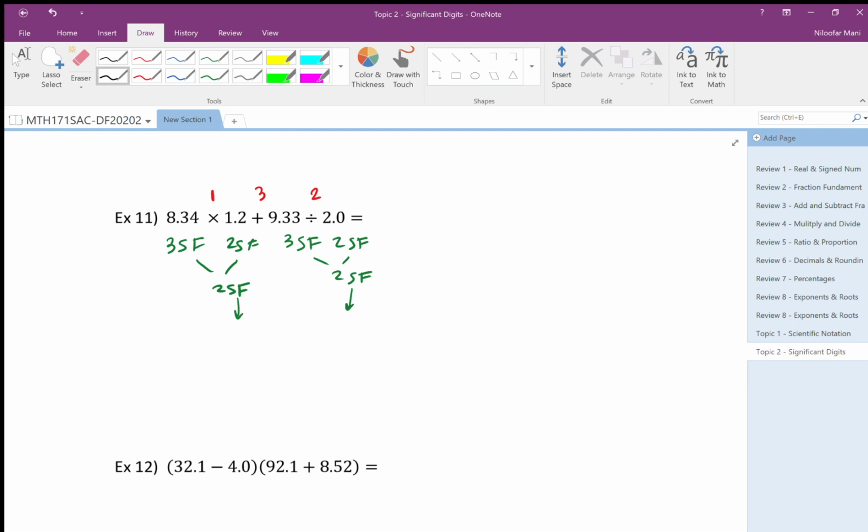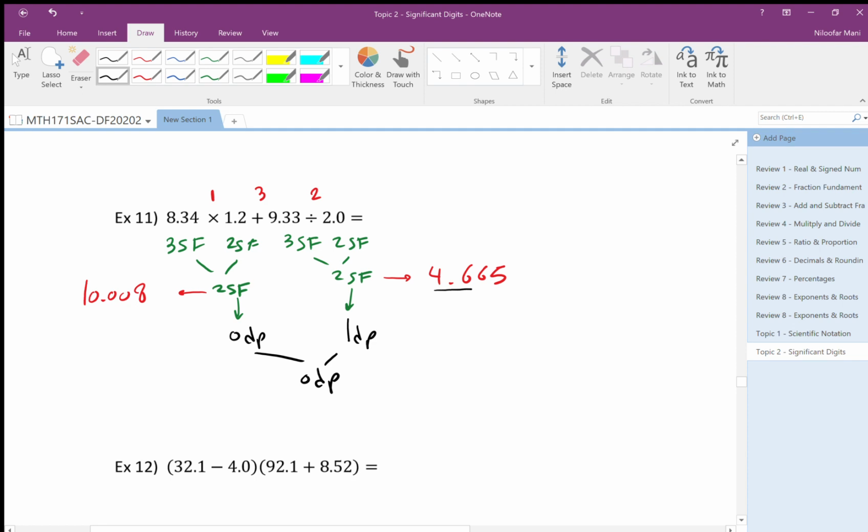From here I get 10.008, and from here I get 4.665. Here if I have two significant figures, I have one decimal place. Here if I have two significant figures, I have zero decimal places, and then I round to zero decimal places.